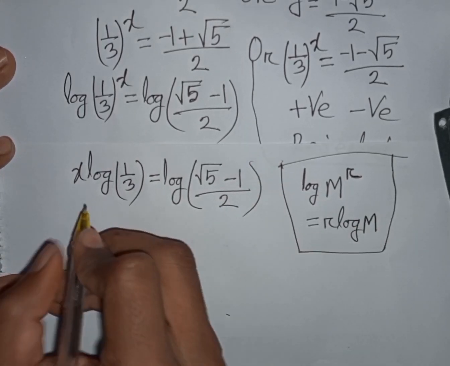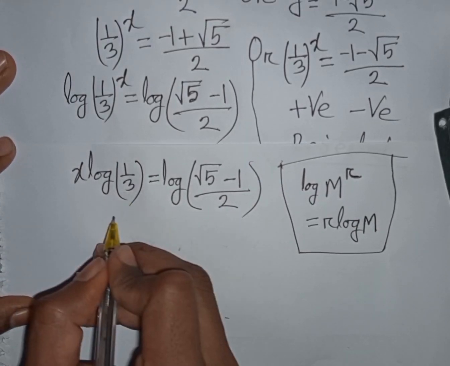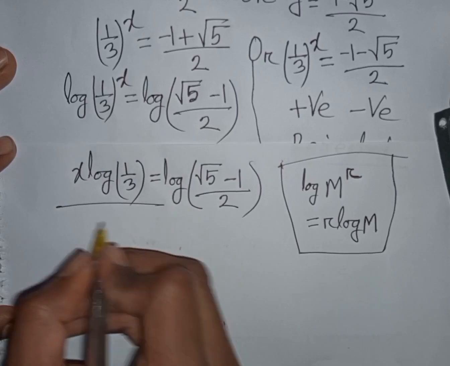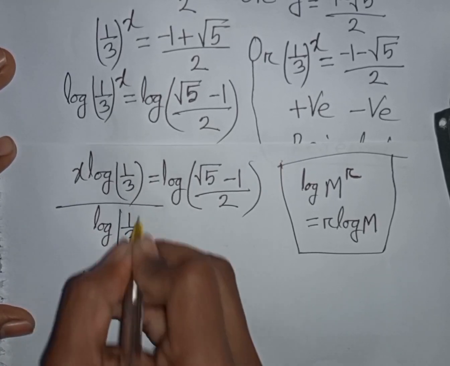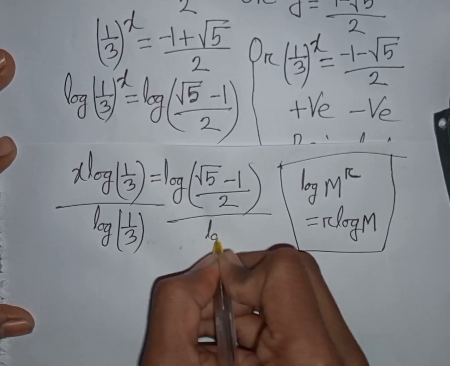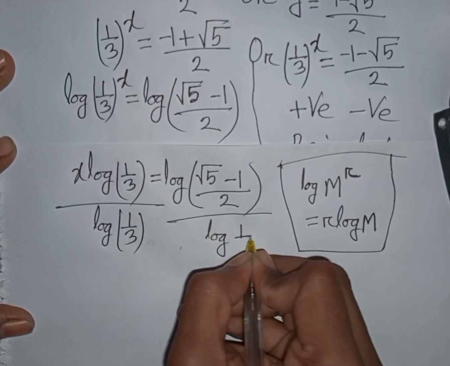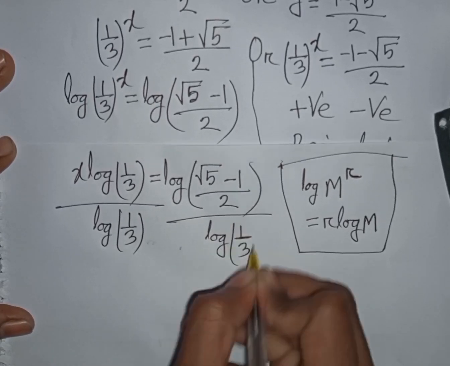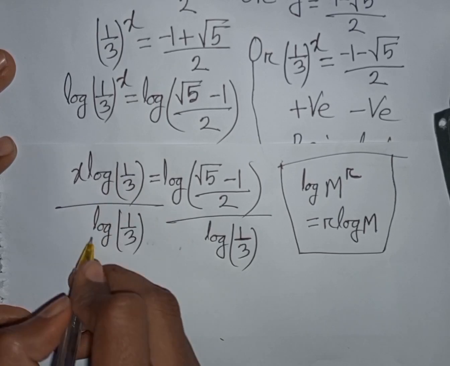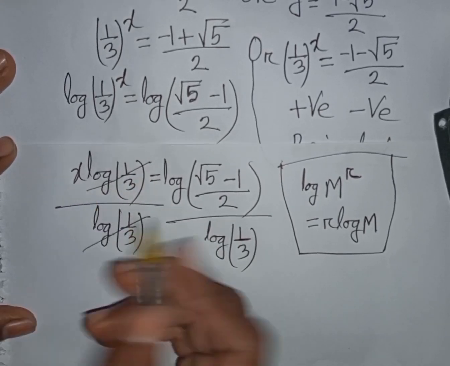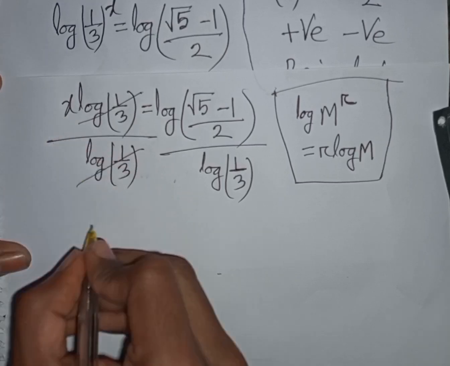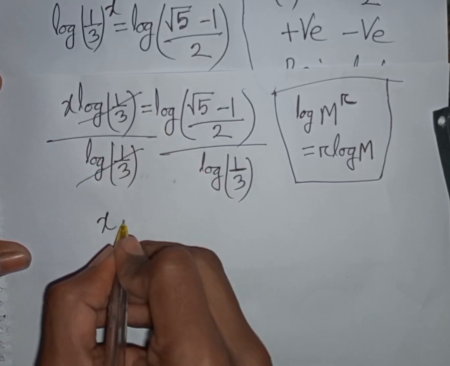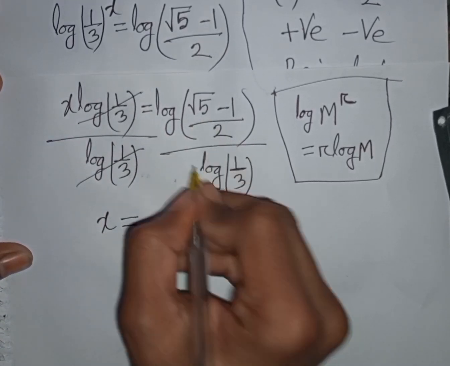Now we need the value of x, so we divide by log of 1 by 3 on both sides. Now this log of 1 by 3 will be cancelled. So here x will be equal to this divided by this.